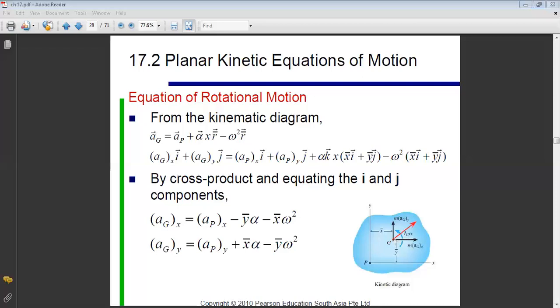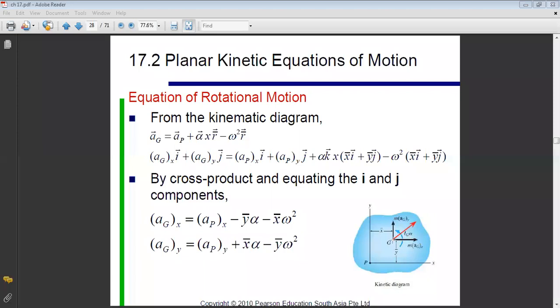So I can reduce any system of forces and couples to one force vector and one moment vector at point G. The force vector will be MAG, decomposed into two components, MAGX and MAGY. And the equivalent couple at G is equal to the sum of moments of forces and couples about G, which is equal to IG alpha.